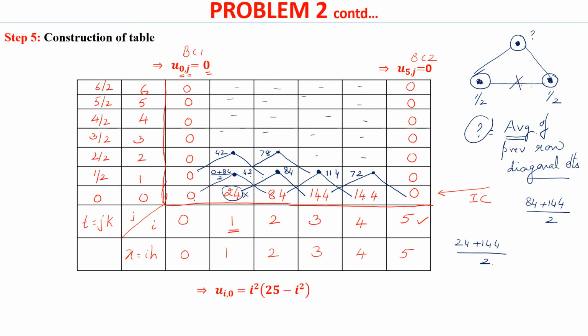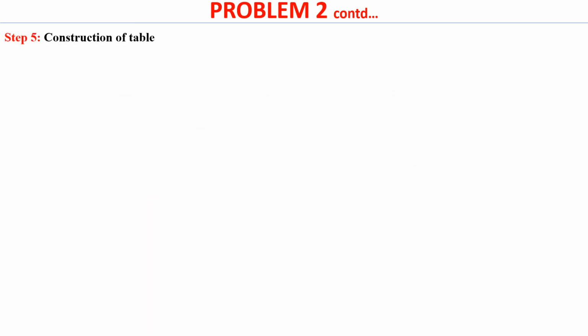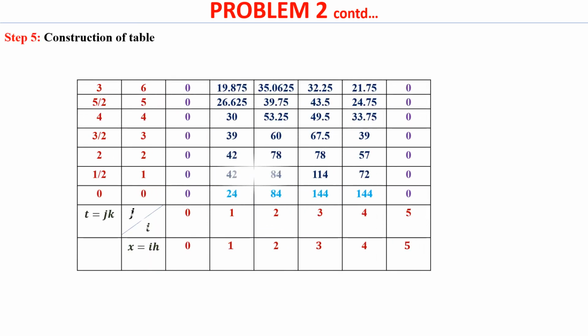The complete answer is shown in the next slide. Kindly work it out and check the values. So the values as per our discussion are these. Kindly work it out and check your results. And this completes problem number 2.